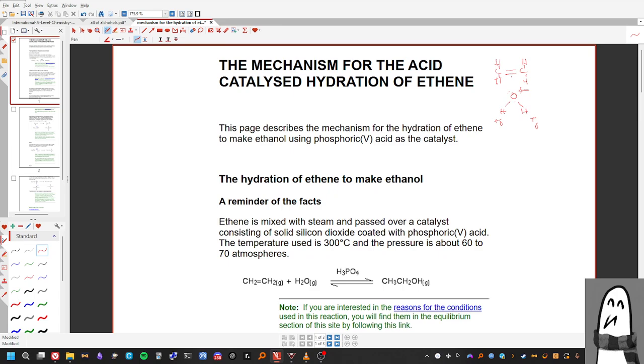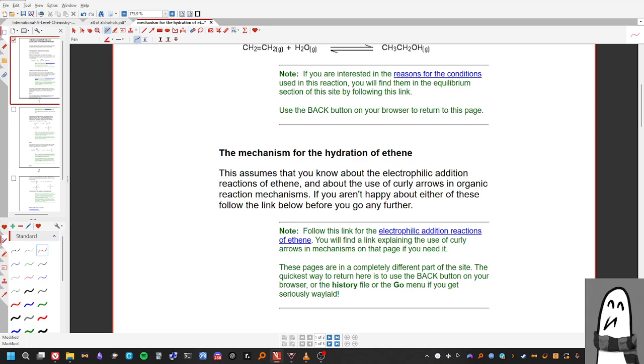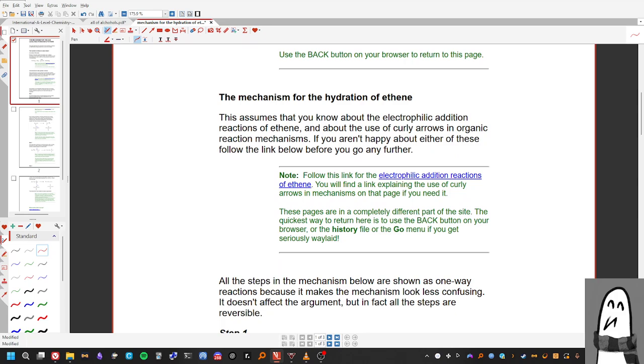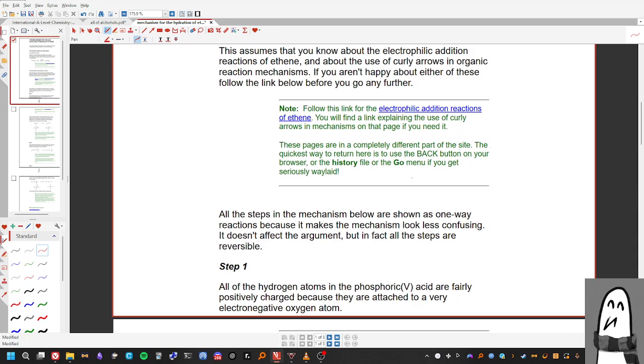And then what are we having? I don't remember quite well. Damn it. Okay, let's see. This assumes that you already know about electrophilic addition reactions of ethene and about the use of carbocations in organic chemistry reactions. If you're unhappy about either of these, I am okay at these.